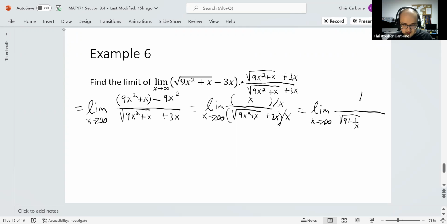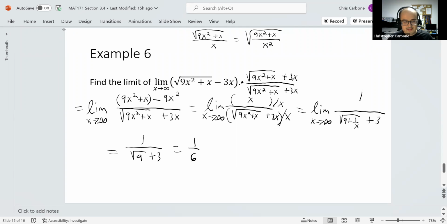That's from when we're dividing this, we were able to do like we did on the previous example, square root of 9x squared plus x divided by x. Since we are talking about positive values, this is the same thing as 9x squared plus x divided by x squared, which simplifies to make this plus 3. And now applying that limit, we get 1 divided by the square root of 9 plus 3, so 1/6 would be the limit in this particular problem.